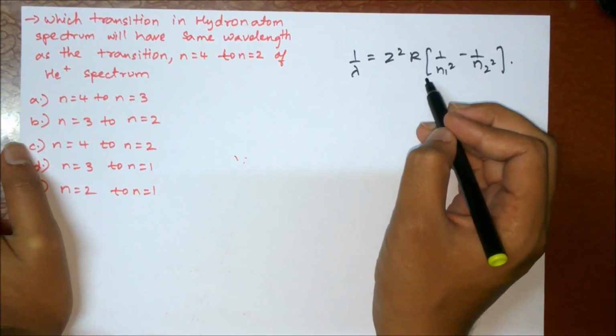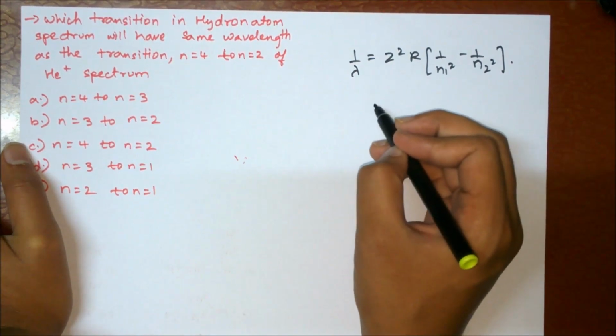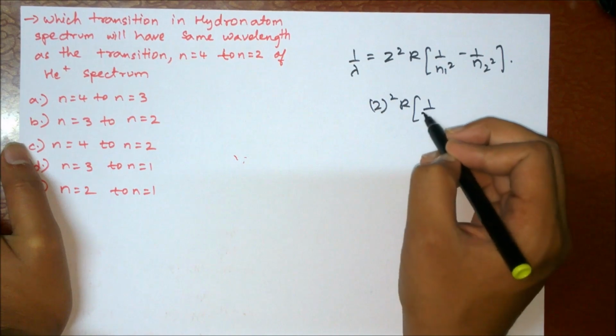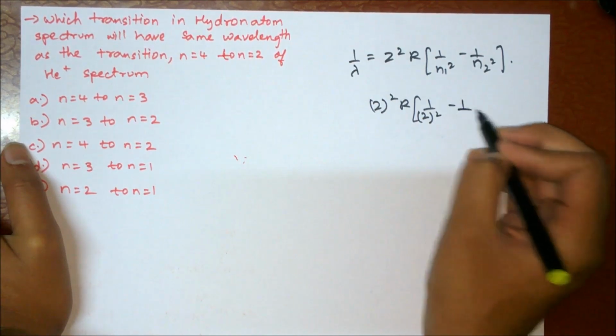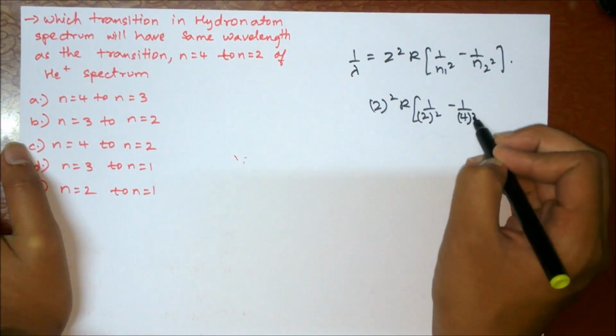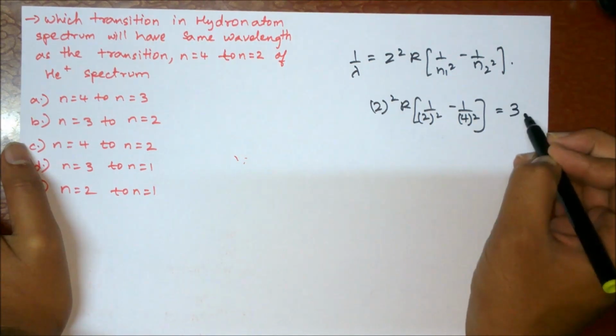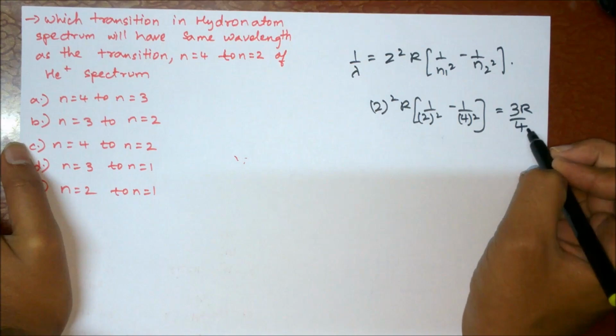So for helium ion, Z is equal to 2, so we can substitute value for Z. n1 becomes 2 square, n2 becomes 4 square, which is given in question. So 1 upon lambda is equal to 3R by 4.